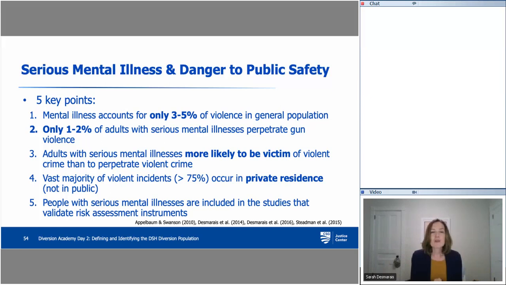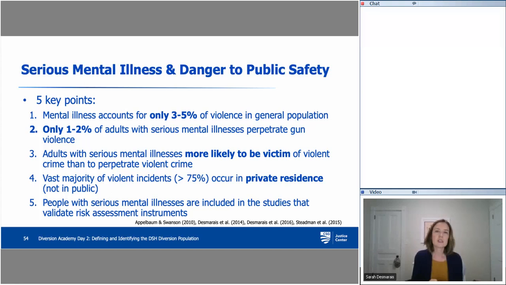Then finally, I wanted to make one more point as we transition into discussions of risk assessment: people with serious mental illnesses in jails and in other settings where we're doing this work are included in the studies that are being conducted to validate the risk assessment instrument. So in other words, we don't need to additionally take into consideration their mental illness above and beyond what might already be considered in the risk assessment instrument.